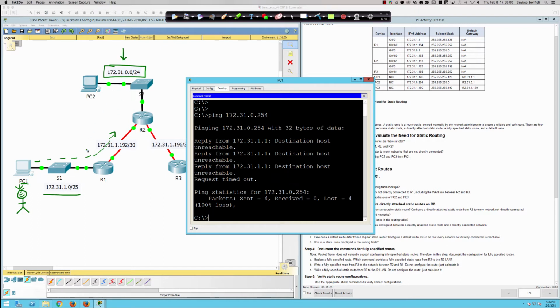But I'm configured with a default gateway, right? And that is my safety net. So that if I don't know how to get to a specific network, I simply throw the traffic over the fence. And the fence, you can think of the fence as being switch 1 here. I throw it over the fence and say, hey, router 1, you're my default gateway. You get me to where I'm going.